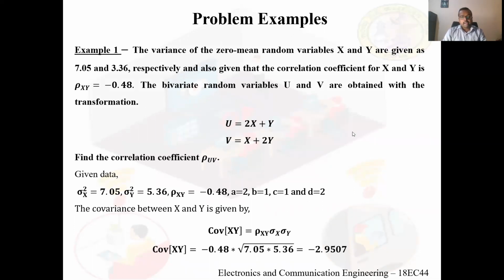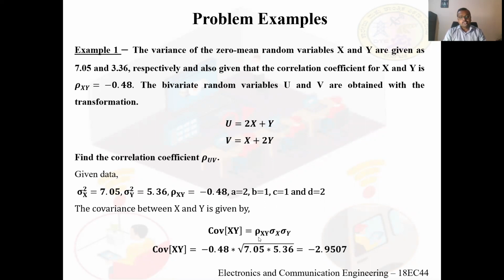Now, for this bivariate random variables U and V obtained from this, you need to calculate the correlation coefficient. The correlation coefficient for U and V, rho UV, you need to calculate. Now, how do you calculate this? First, we need to calculate the covariance of random variables X and Y. We know the variance. Now, how do you calculate the covariance?